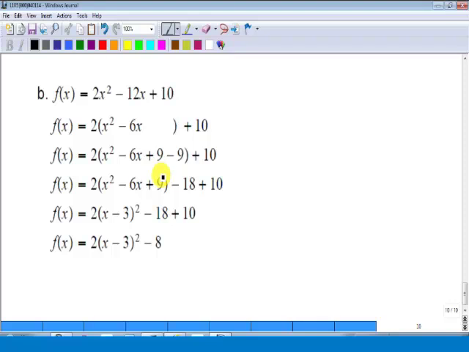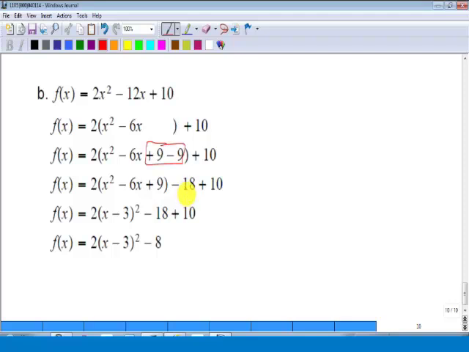All right, I kept this on the nice and easy side because plus 9 minus 9, basically right there, we're adding 0 to the value of the function to make sure we don't change its value. But we change the way it looks. What happens to the minus 9 when it comes outside the parentheses? Minus 18.